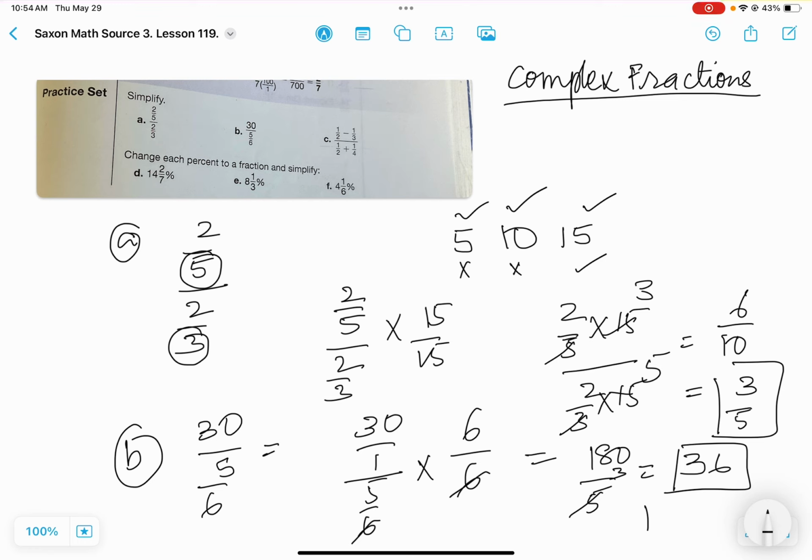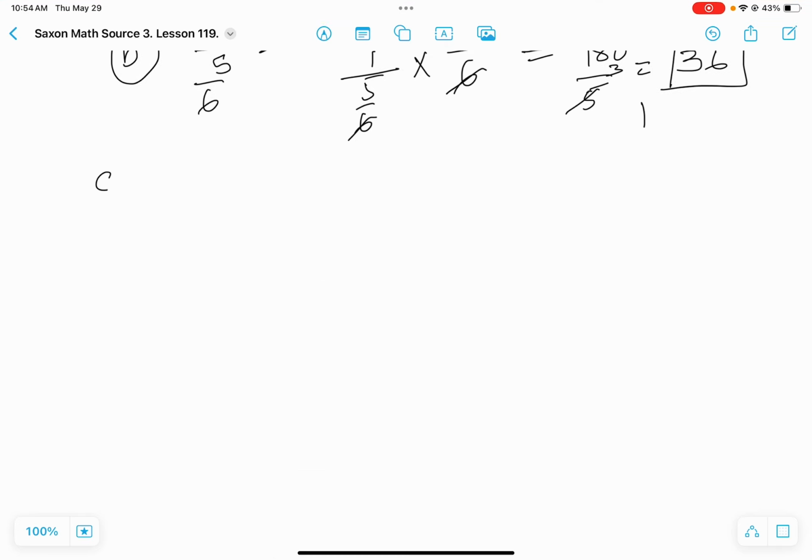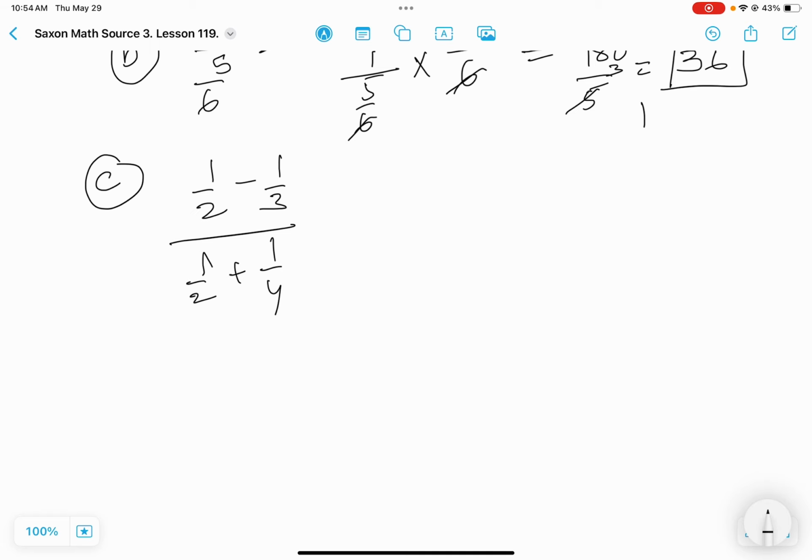Okay. The next question is C. What is C? 1 by 2 minus 1 by 3 divided by 1 by 2 plus 1 by 4. First, let's solve the numerator and denominator separately. Let's do 1 by 2 minus 1 by 3. The common denominator is 6. 3 minus 2, that is 1 by 6.